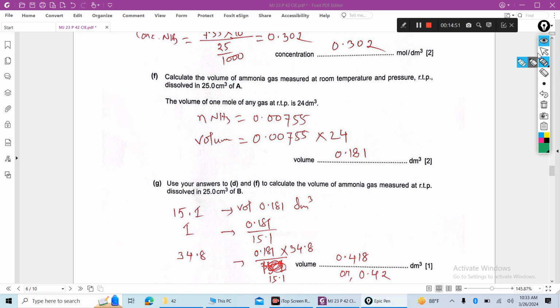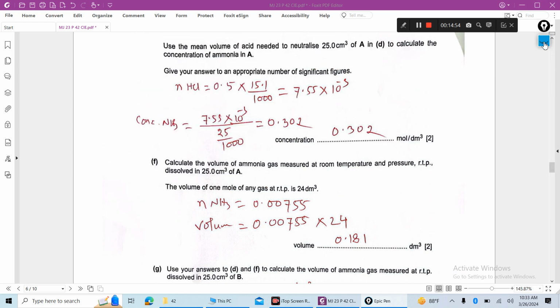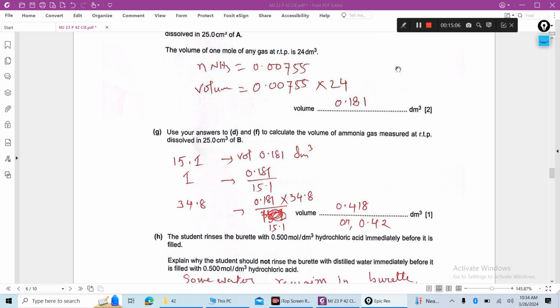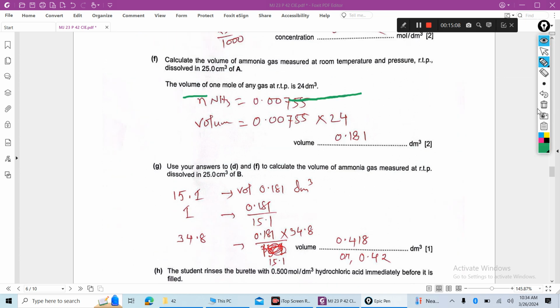Here you calculate that moles of hydrochloric acid equal moles of ammonia, because their mole ratio is 1:1. So moles of ammonia is 0.00755. Now volume is the number of moles times the molar volume, 24. You will get 0.181 dm cube.